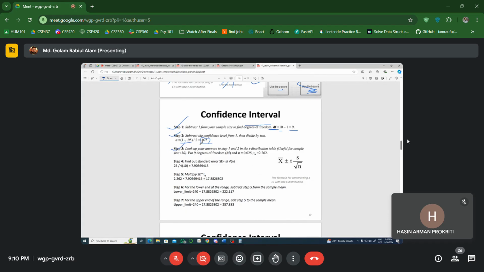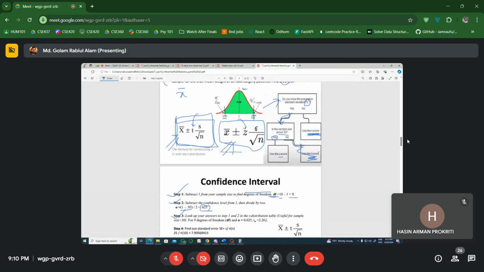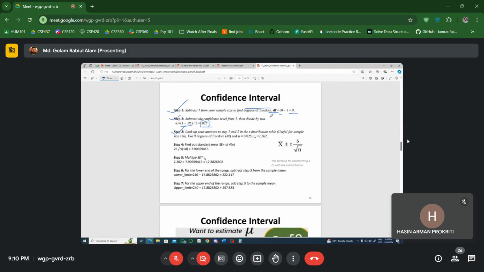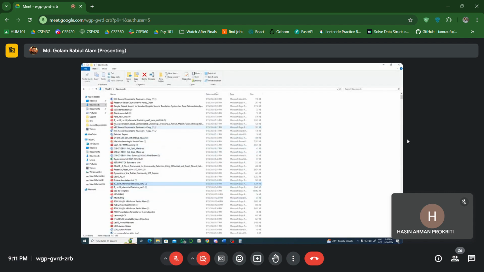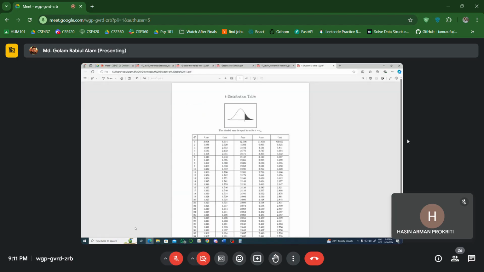The next step is to find the t value, that is the t score, using this degree of freedom and alpha. For that we need to look in our t table. The t table is here, and we can see our degree of freedom is 9.